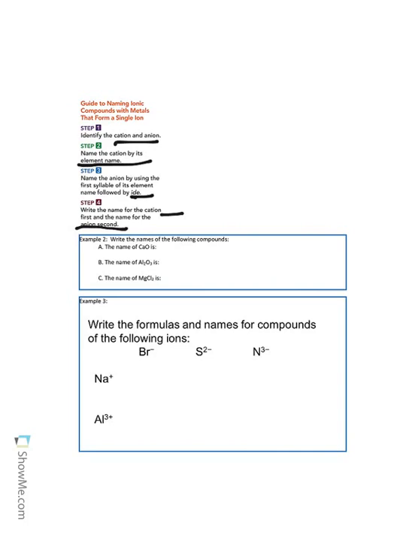So let's try a couple more. We have CaO. Ca is the symbol for calcium. So the first element name is unchanged, calcium. O is for oxygen. Oxygen, the first syllable is ox, and we are changing the ending to "ide." So we have calcium oxide.